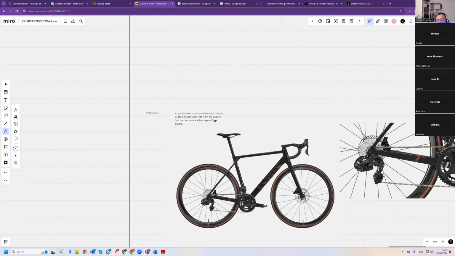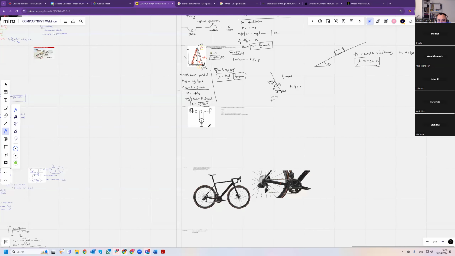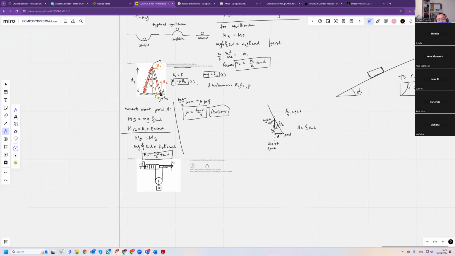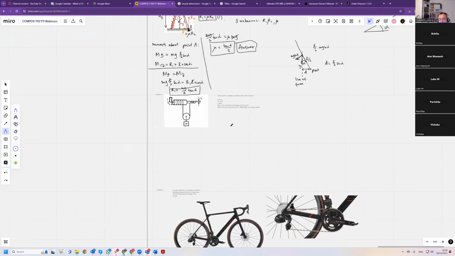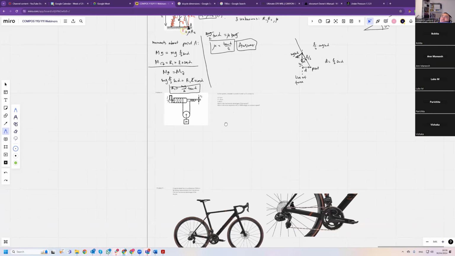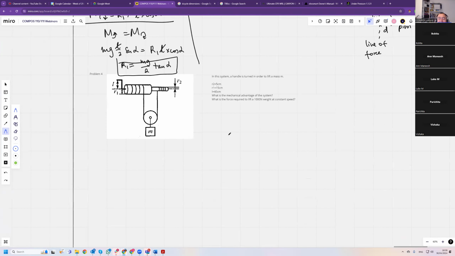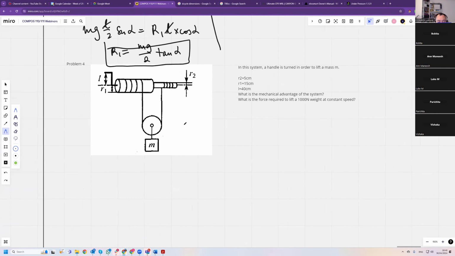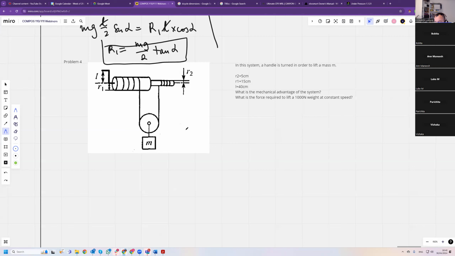Right. Now the next two questions are kind of easier. They're less maths. So sorry, actually more maths probably, but less algebra. Okay. So this is a system to lift masses. So we turn the handle, and this bob pulls the rope up.